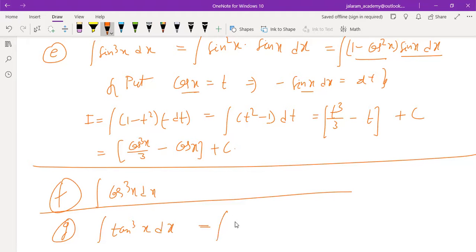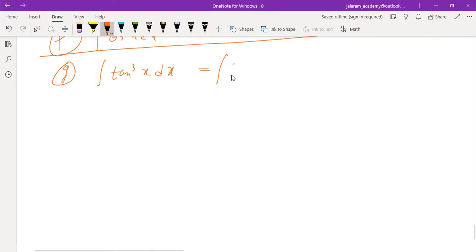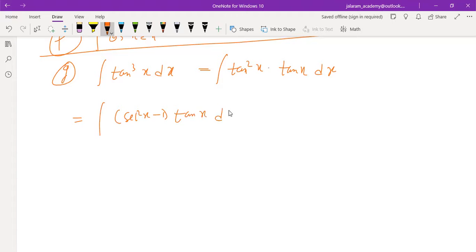For this, first write tan cube x dx, and then write tan square x into tan x. It is slightly different, as we change it to sec square x minus 1 into tan x dx.